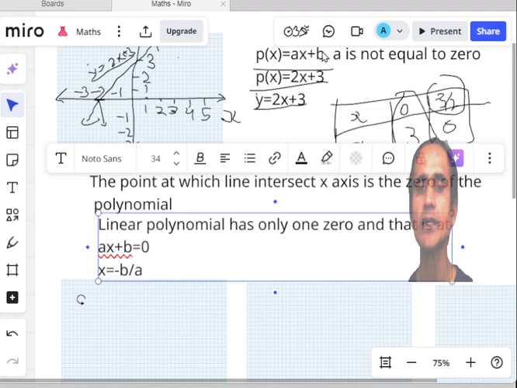So any linear polynomial has a 0, and the value of that 0 is minus b by a, where b is a constant and a is the coefficient of x.